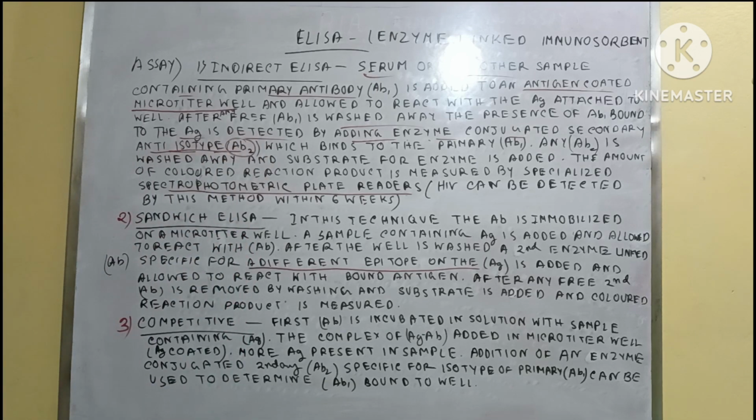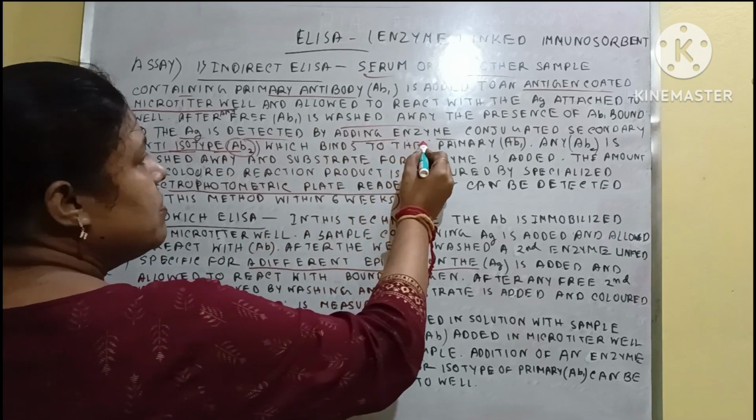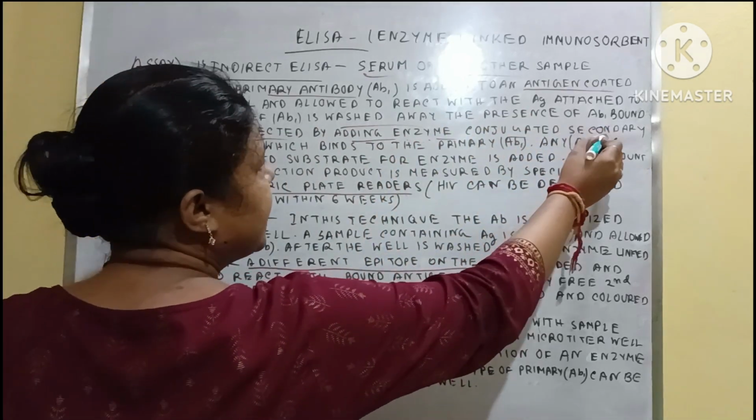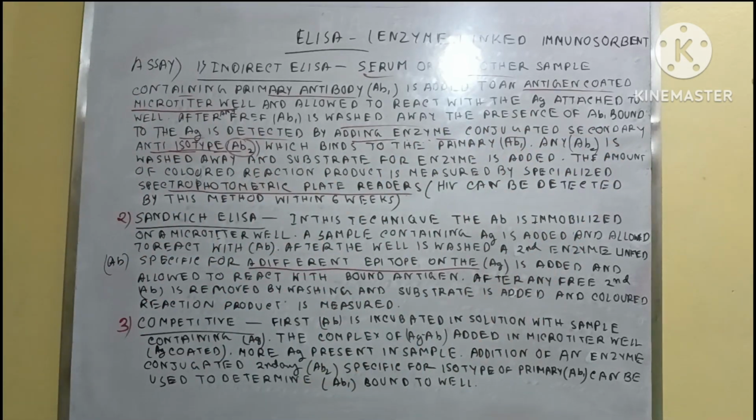So what must be added there? Enzyme conjugated secondary antibodies.